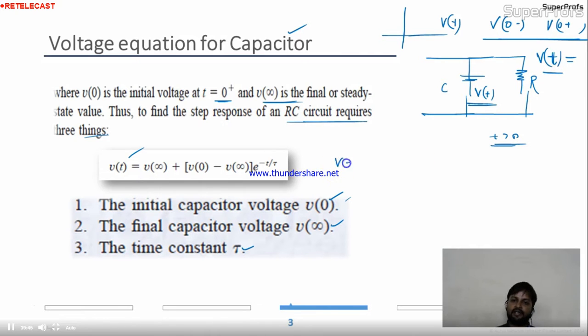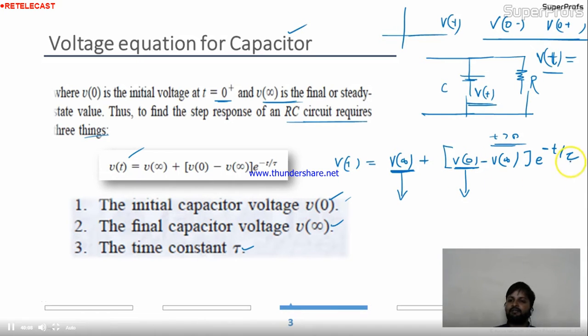So the formula for V(t) across the capacitor is nothing but V infinity, the steady state, plus V0 minus V infinity e to the power minus t by tau, where tau is the time constant. If you have V infinity, the steady state value of the capacitor, the initial value of the capacitor, and the time constant of the circuit, you can easily find V(t) without calculating further in the circuit.